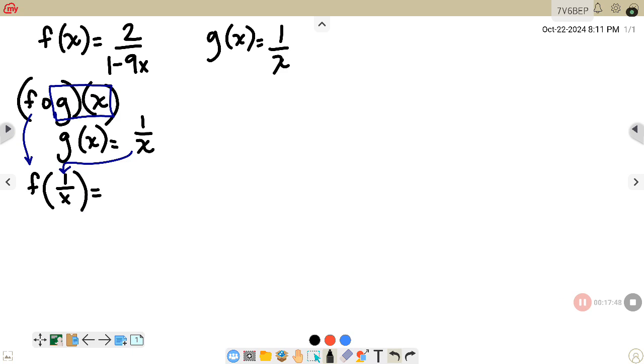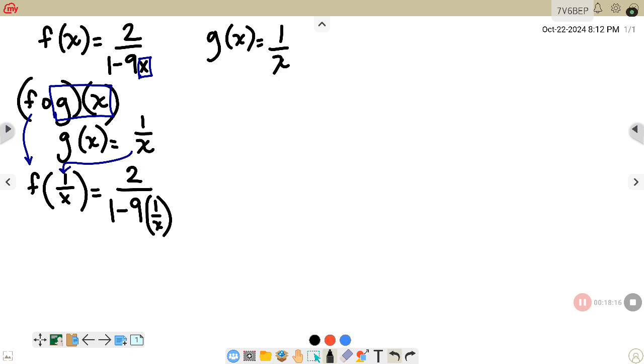So what this means is we are going to the f function, and we are going to replace its x with a 1 over x. So I will have 2 over 1 minus 9, and instead of x, I'm going to have 1 over x.